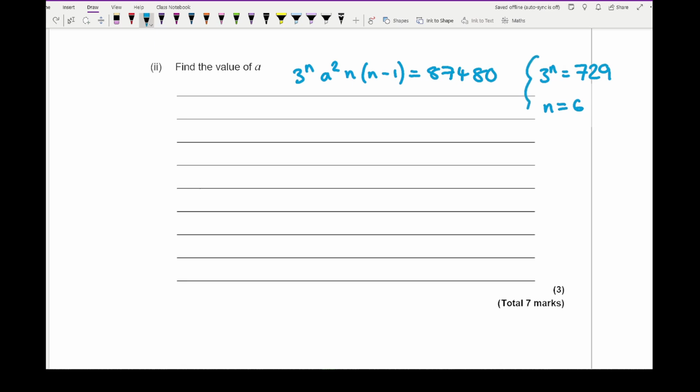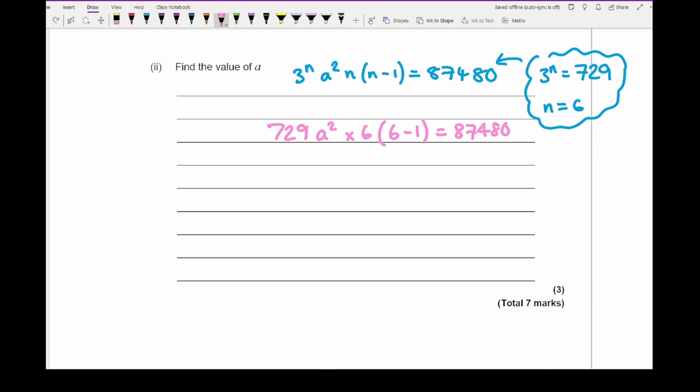So if I substitute these things into this expression here, then what I end up with is 729 a squared multiplied by 6 minus 1 equals 87480.